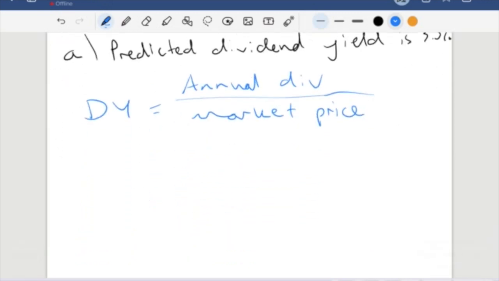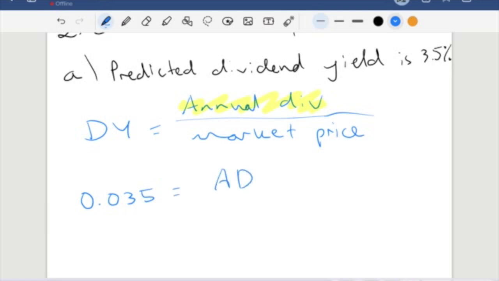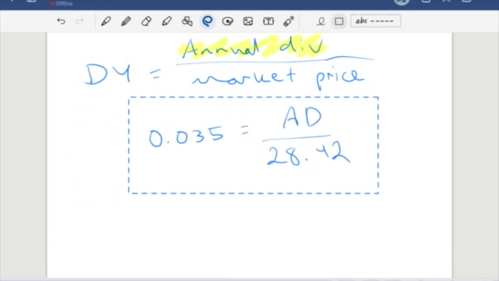We can rearrange this equation to find the dividend. What we're actually looking for here is this part up here. We've been given that a predicted dividend yield is 3.5%, so I'm going to write that in place of this DY here. So 3.5% or 0.035 as a decimal equals your, let's call this AD for annual dividend, over the market price we've been given, which is $28.42. We can find our annual dividend by just rearranging this equation and making it the subject.